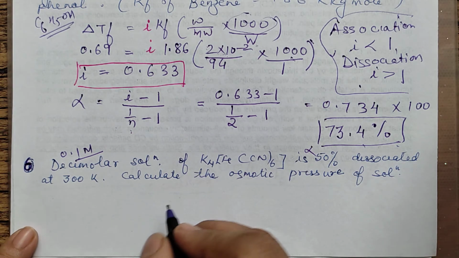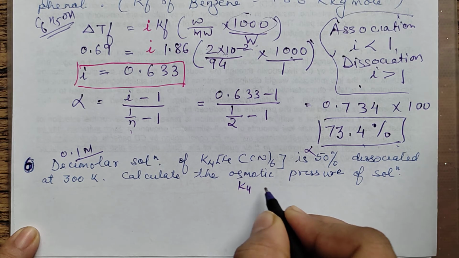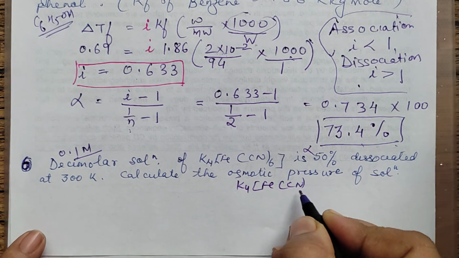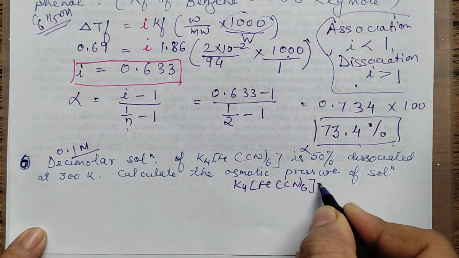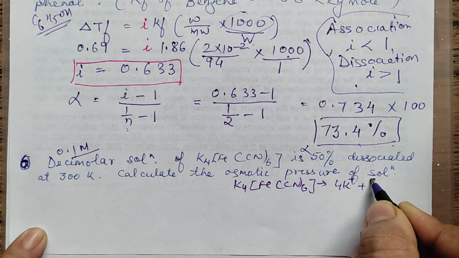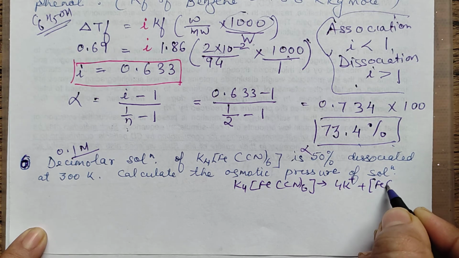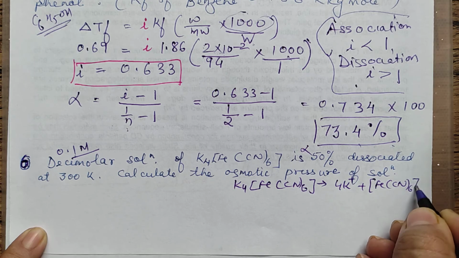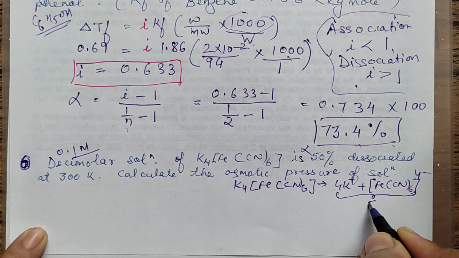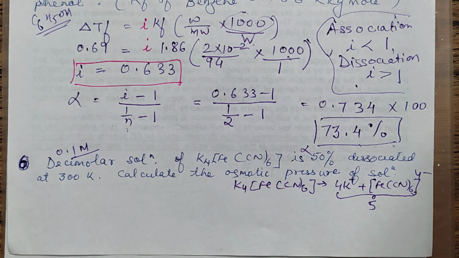It's an ionic compound. First thing, you are going to ionize it. It is K4Fe(CN)6. When you ionize it, it will form 4 potassium ions plus 1 ferrocyanide, Fe(CN)6 4 minus. So in total how many ions is it forming? It is forming 5 ions. That means the n value which we were using will be 5.